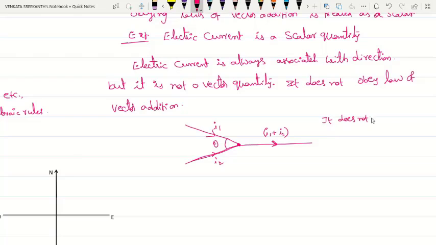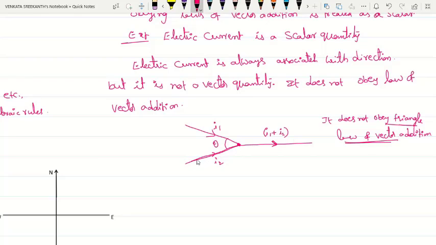Sorry my dear students, I will explain this triangle law of vector addition in this chapter, then you can understand very clearly. Right now, please observe that the electric current physical quantity does not obey the triangle law of vector addition.